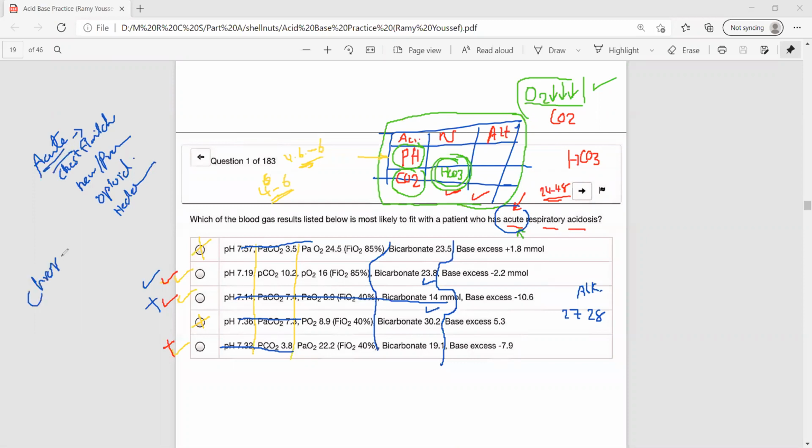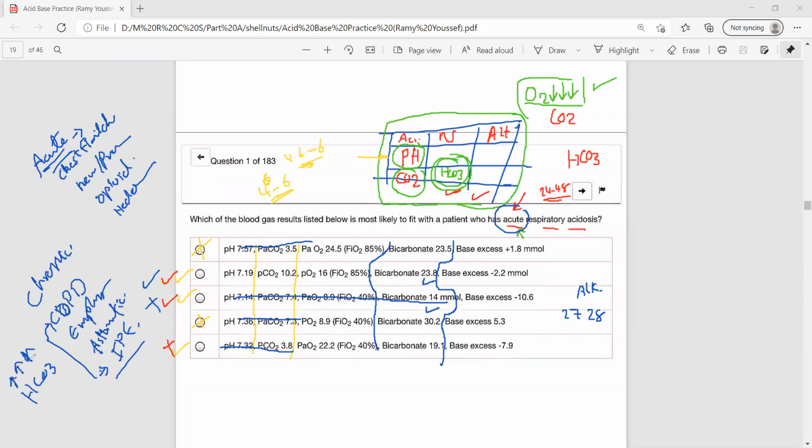Chronic, he will always tell you the patient has COPD, or emphysema, or is a chronic asthmatic, or has atelectasis, or interstitial pulmonary fibrosis. All these are chronic conditions. In all these chronic conditions, HCO3 will be high.